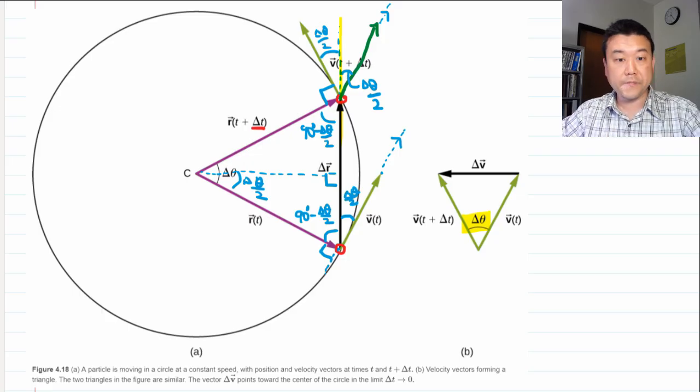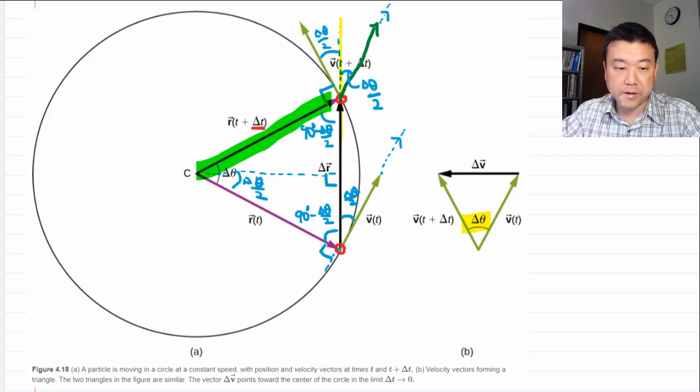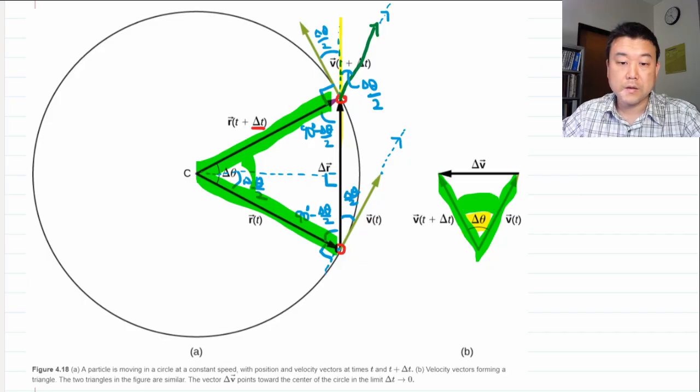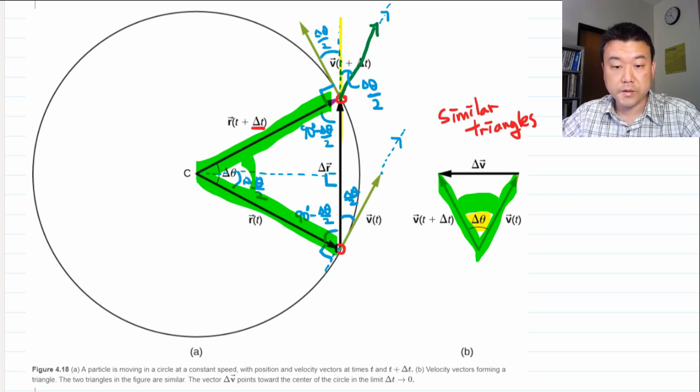Now, here's a fun thing. These two triangles are both isosceles triangles with the same angle between them, delta theta. So they are similar triangles. So you can use methods of geometry to figure out what delta v should be by relating it to delta r.